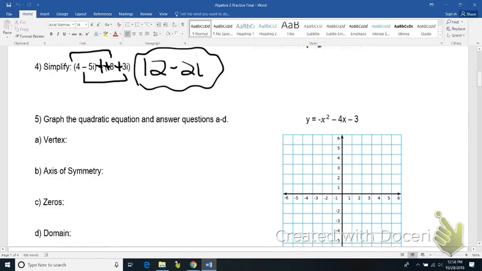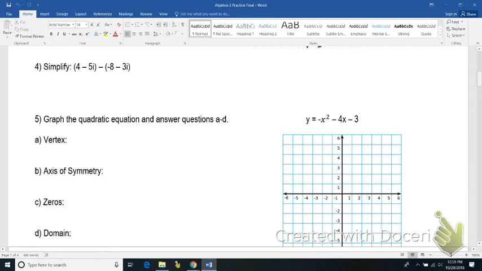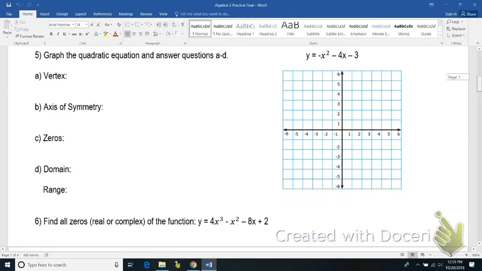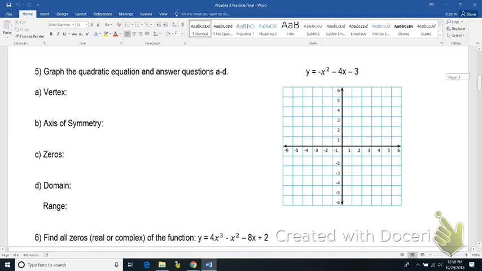Okay. All right. So does everybody go with 4? Yes, ma'am. Okay, perfect. Then for number 5, let me scroll down just a little bit so we can also see range. Okay, so problem number 5, it says to graph the quadratic.